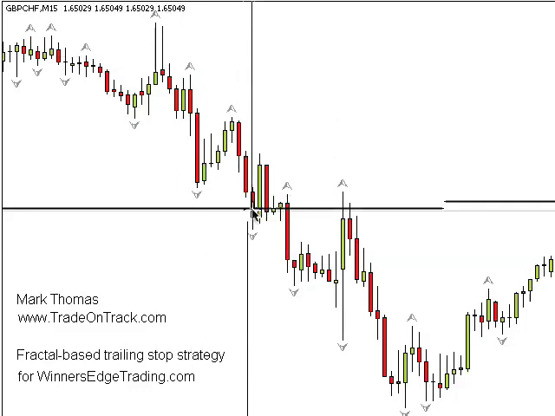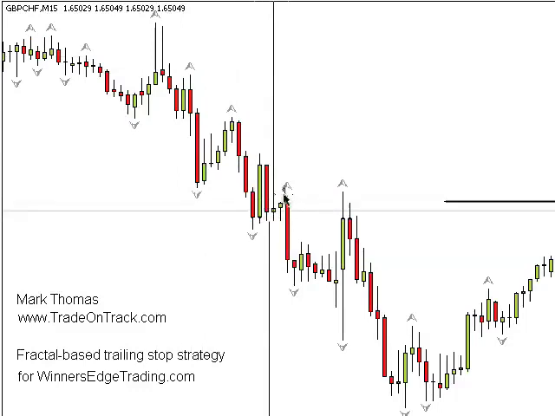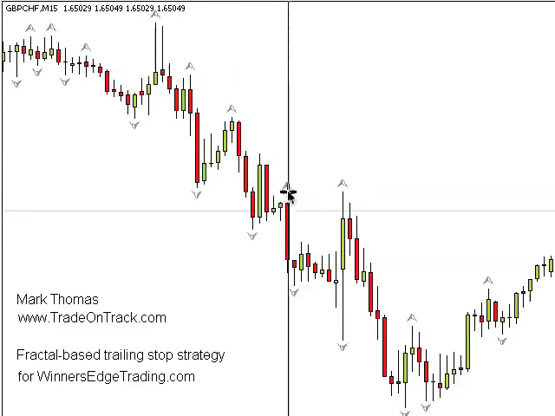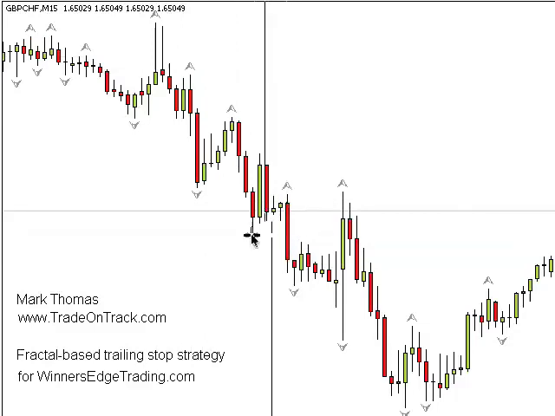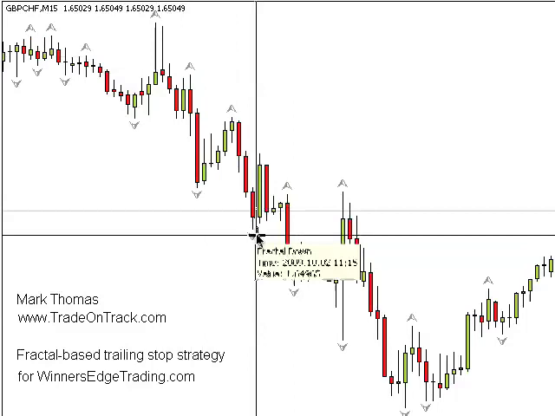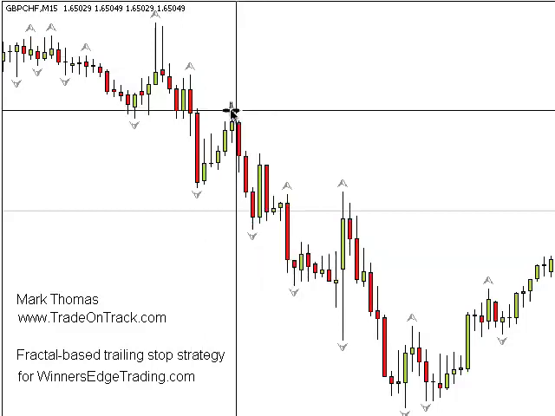Alright, so price goes down, makes a bearish fractal there, continues on down again, breaks through the last bullish fractal at this point. So once again our rules are to move the stop to just above the last bearish fractal, which would have been just here.